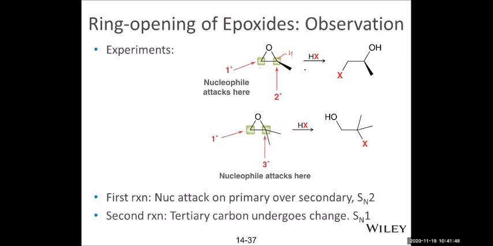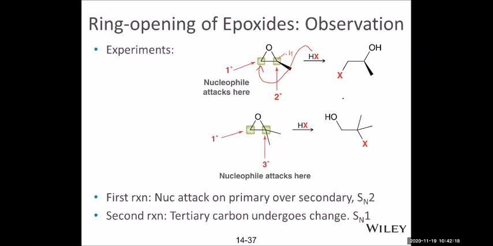When the halide attacks, what we find from the experiment is that the halide attacks on this as the major, giving the major product. So this reaction is more like an SN2 reaction. The reaction takes place on the less sterically hindered site.